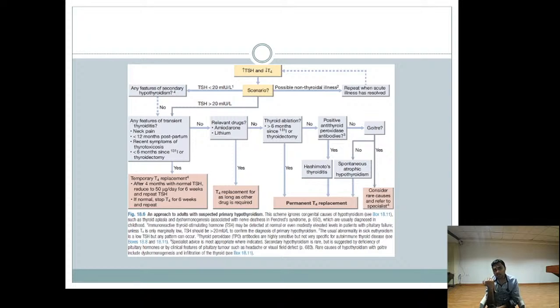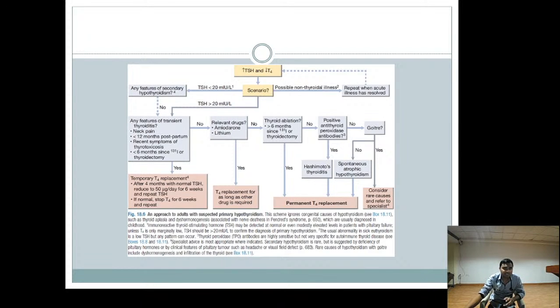If no, then look for features of any transient thyroiditis, that is neck pain, or less than 12 months postpartum, or any recent symptoms of thyrotoxicosis, or less than 6 months of iodine 131 treatment or thyroidectomy. The ultimate aim is to know whether thyroid replacement is required as permanent or temporary. In features of transient thyroiditis, it is temporary replacement.